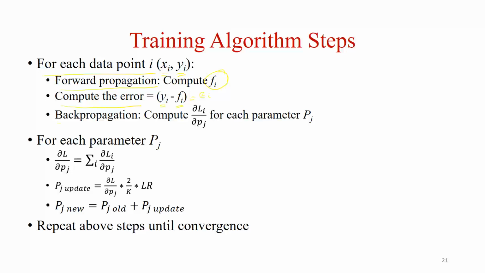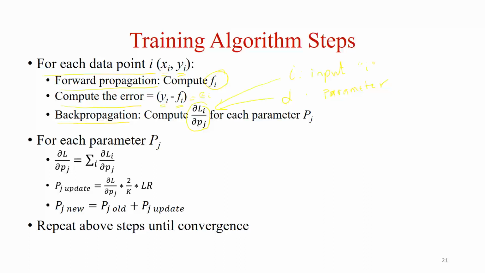Then we go through backpropagation to compute delta L over delta P for every parameter. Notice the i refers to the input i of the training data, and the j refers to the j-th parameter in this notation.